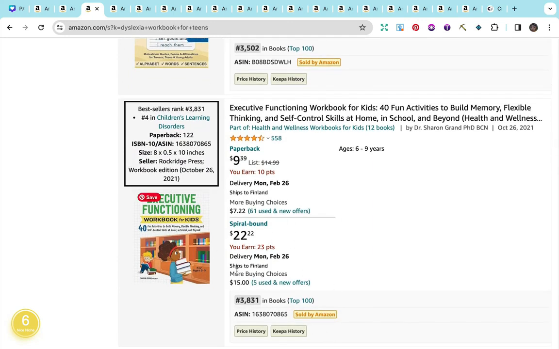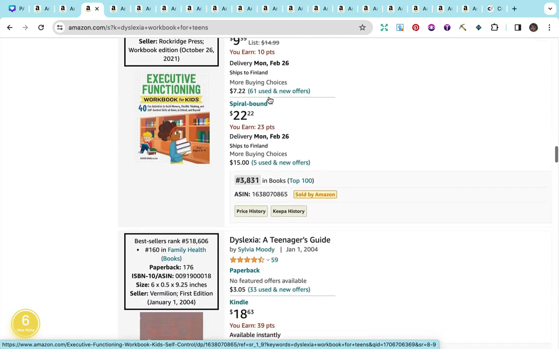The same thing applies here. It's not purely about dyslexia, but it is something dyslexic children or teenagers also struggle with, which is executive functioning. This is a workbook for children designed to help improve their executive functioning skills as well.